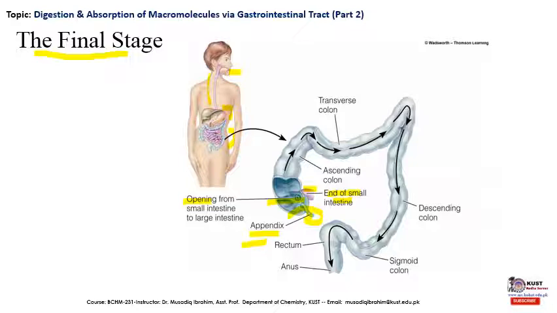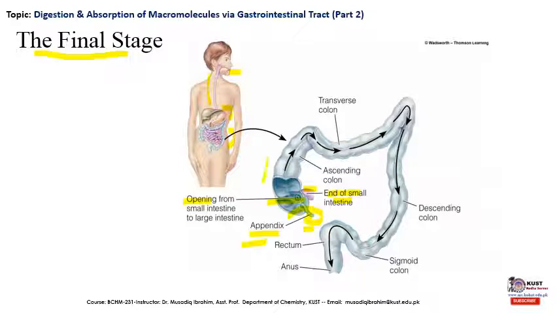In that case the doctor suggests the removal of the appendix from the large intestine. So here you can see that the large intestine has about 3 distinct areas.